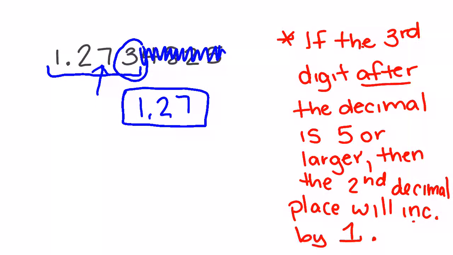So if the 3rd digit after the decimal is 5 or larger, then the 2nd digit after the decimal will increase by 1. That's what rounding means. Rounding means that sometimes the 2nd digit stays the same and sometimes it changes.